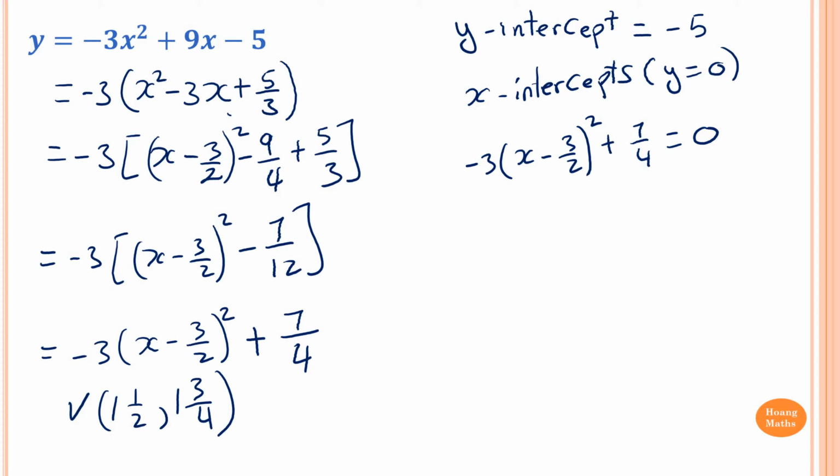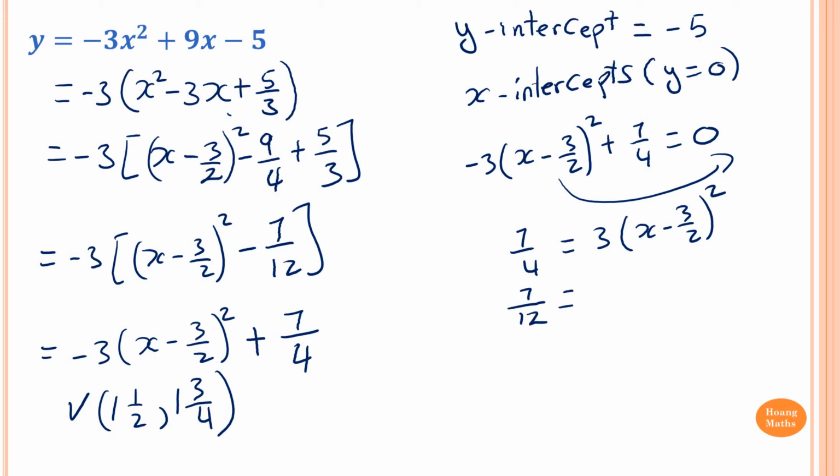So now I just move this to this side. So 7 over 4 is equal to 3 times x minus 3 over 2 all squared. Now I divide everything by 3. So this means that 7 over 12 is equal to x minus 3 over 2 all squared.